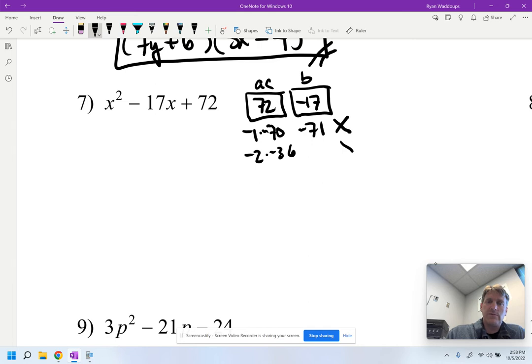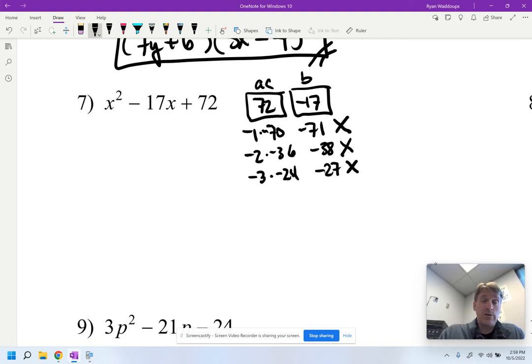And that would add to -38, but that's still not it. So then I go 3, and 3 will go into 72, 24 times. I'm thinking -24. And so that's -27. Again, still no. Will 4 go into 72?